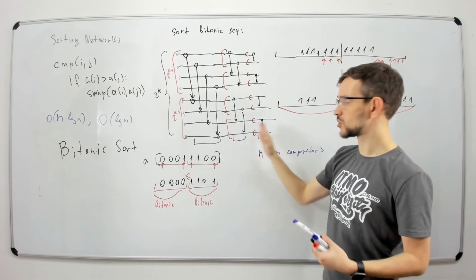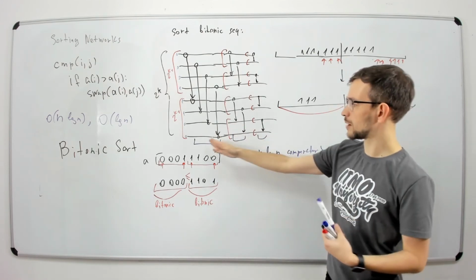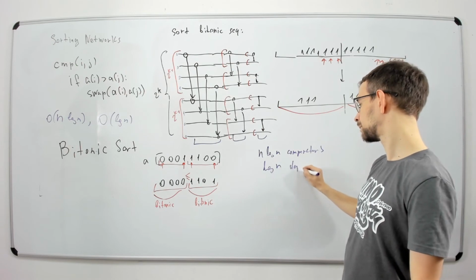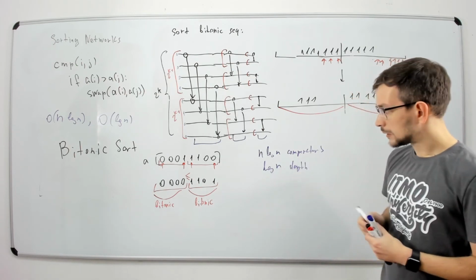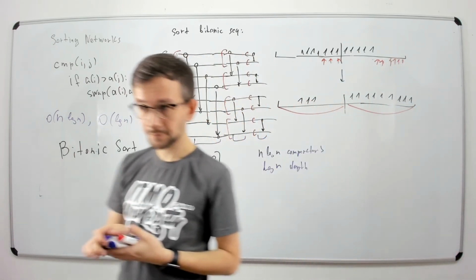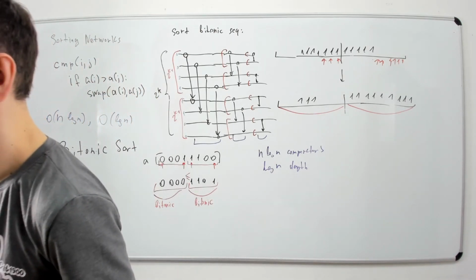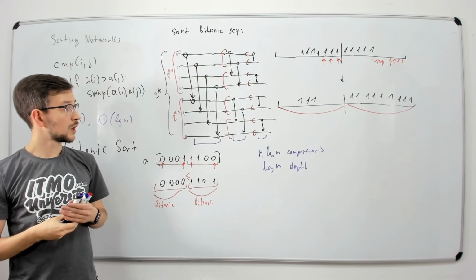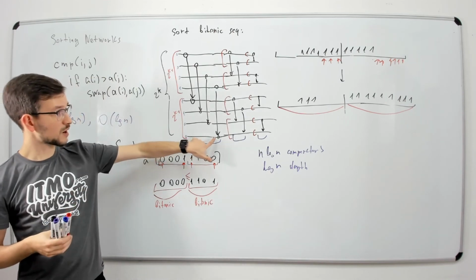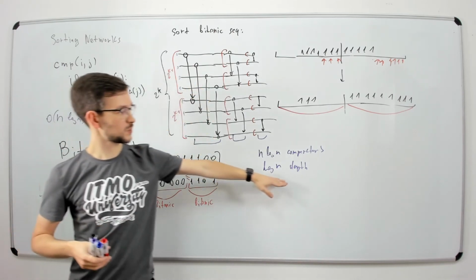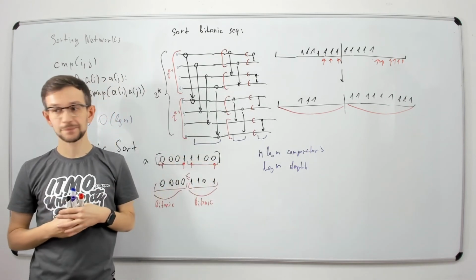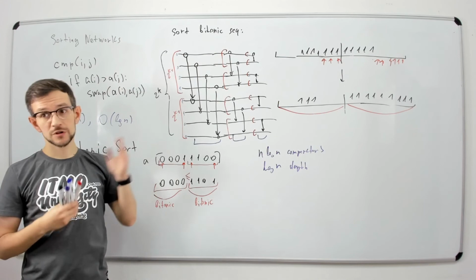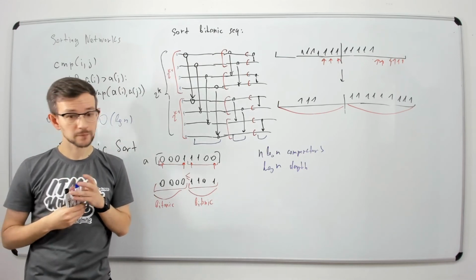This number of iterations is log n, so the total number of these concurrent calls will be log n. If we can run comparators in parallel, then this will be the number of these parallel runs. That's all. That's how you sort the Bitonic sequence.